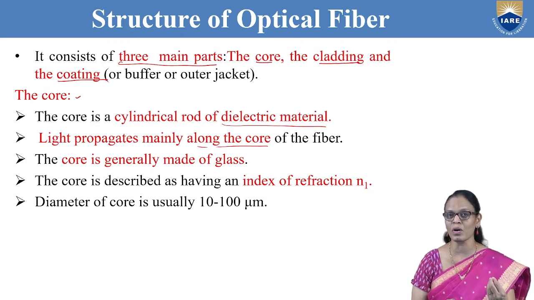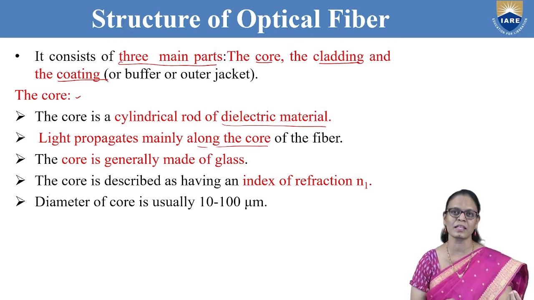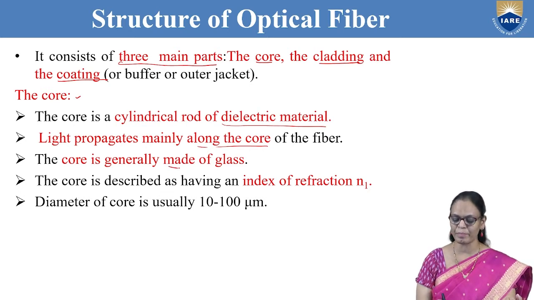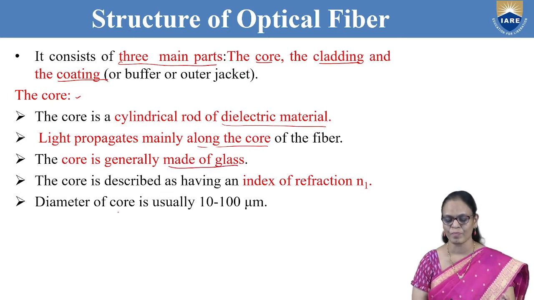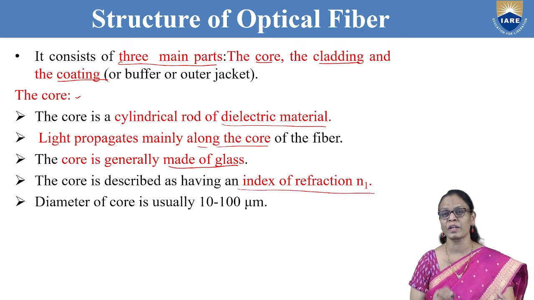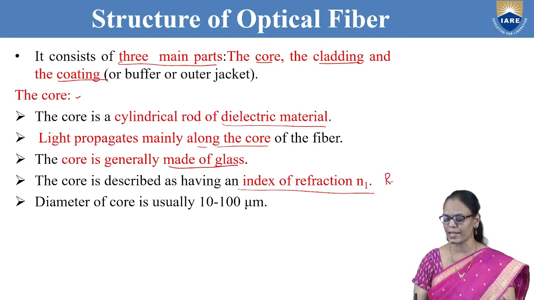So it is the core that carries the signal with the help of light, and the core is generally made up of glass. The core is described as having an index of refraction N1, or we may also call it refractive index.